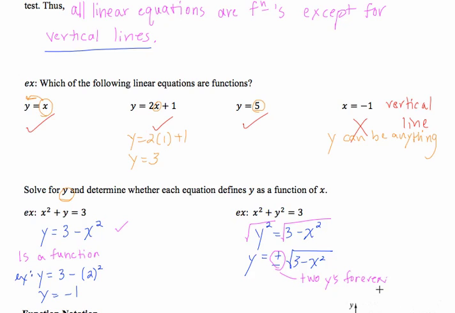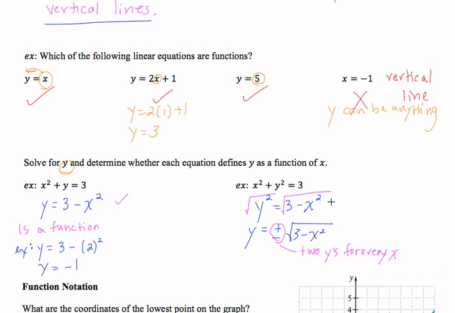Let's plug in a number so you can see what I'm referring to. So let's plug in, let's say, x equals 1. No, let's do x equals 2. If we plug in 2, we'd have y equals plus or minus the square root of 3 minus 2. Oh, 2 is a bad choice. Let's go back to 1.